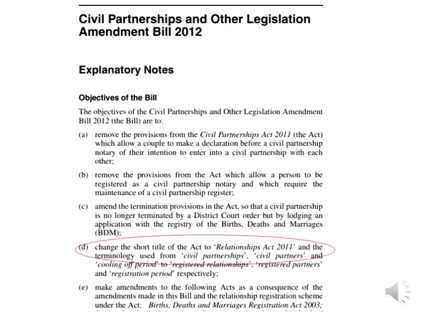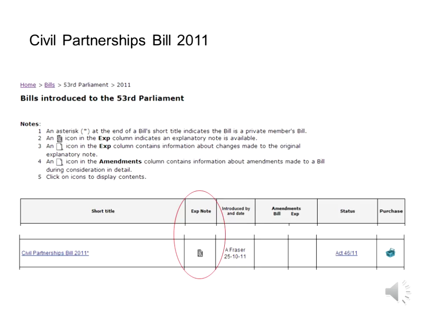So this shows you the explanatory notes, the objectives of the bill, and point number D is to change the title, the short title of the Act to Relationships Act, and then to change lots of the terminology flowing through the Act as well. So that would give you the background as to what was going on. And so you could go back then, if you really wanted to go back further to the other bill, the 2011 bill, and look at those explanatory notes.